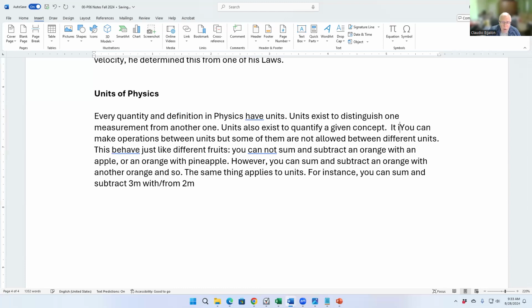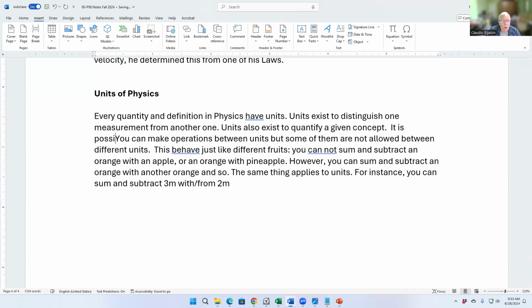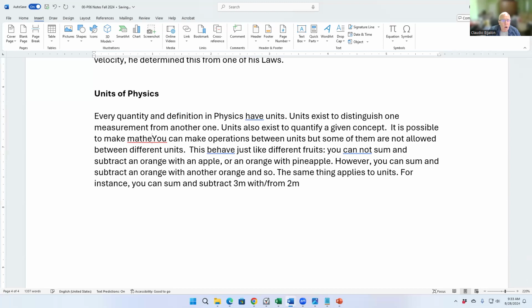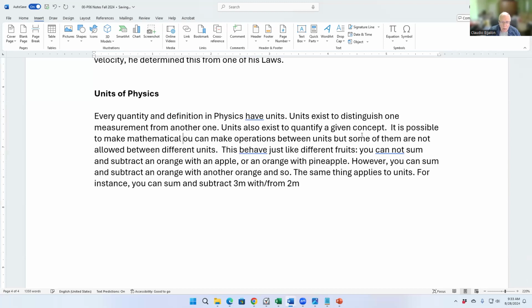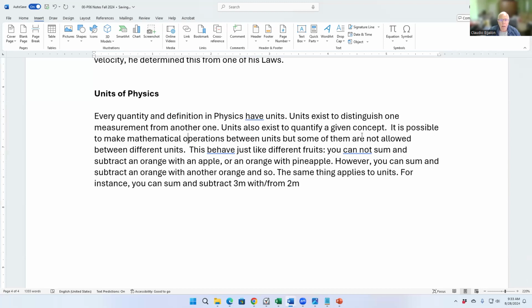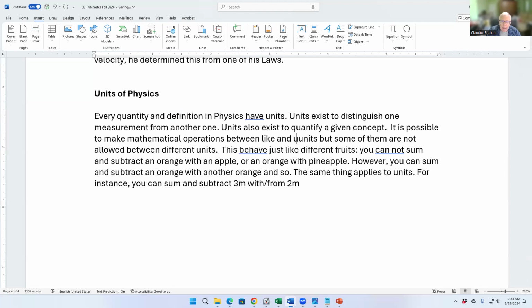It's possible to make mathematical operations between like and unlike units. It's possible, but not all the time.